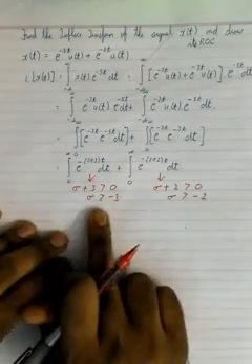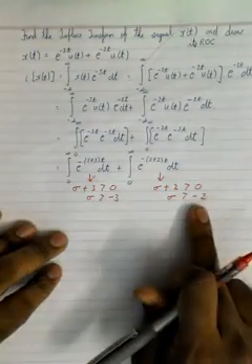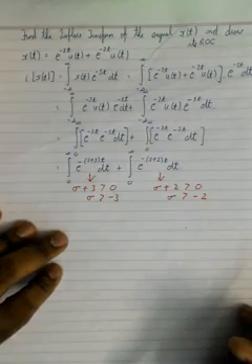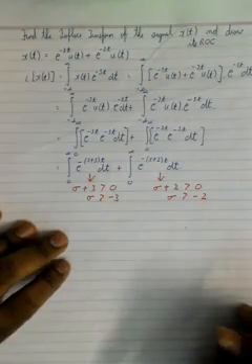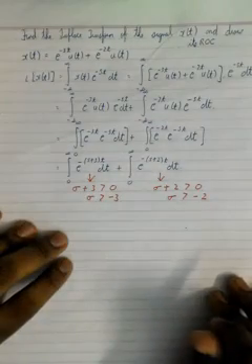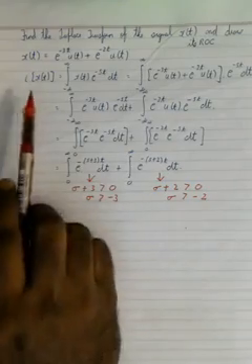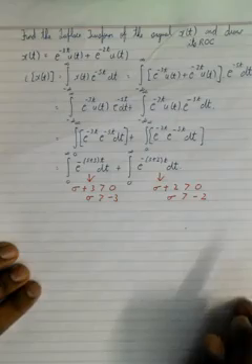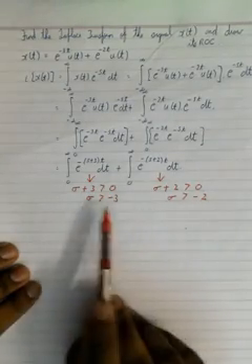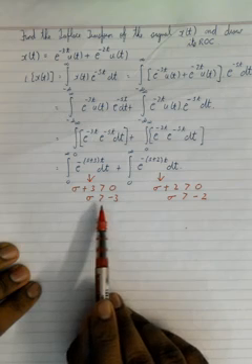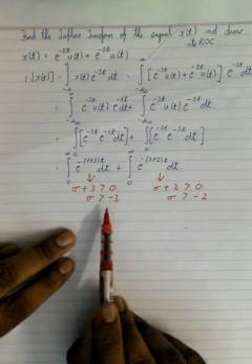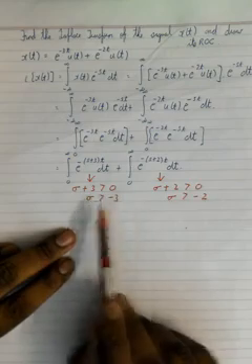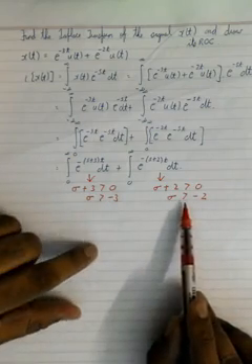So this is the ROC of the first term and this is the ROC of the second term. Okay, so what is my overall ROC? That means, what is the ROC of the given question? That is what you should understand. So here, if you look at the values of sigma, sigma is greater than minus 3. This is the ROC of the first term, and the ROC of the second term is sigma greater than minus 2.